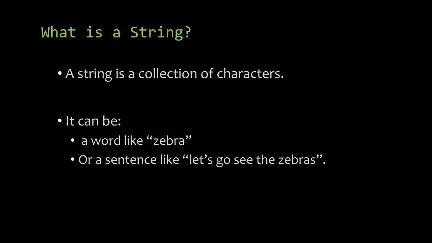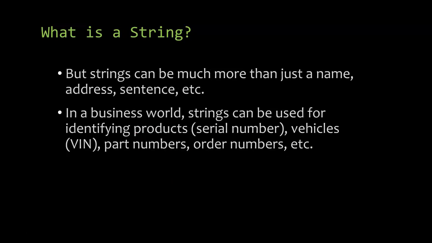For the most part, what we have done up to this point, it could be a word like zebra, or it could be a sentence like let's go see the zebras, and so on, okay? So basically, a string has just been that to us, but it is a collection of characters, meaning each one of these is a character, and when we look at the whole, it's a collection. I keep saying that, right? Because that actually means something.